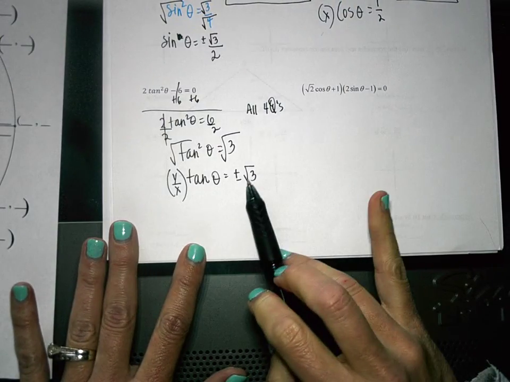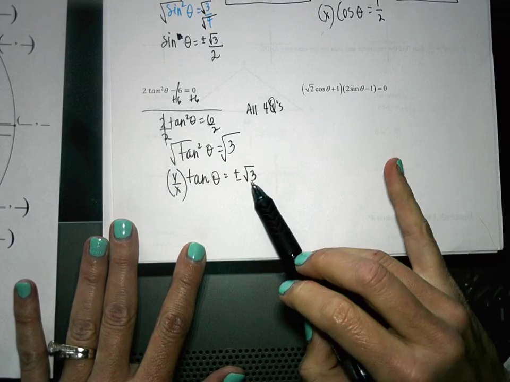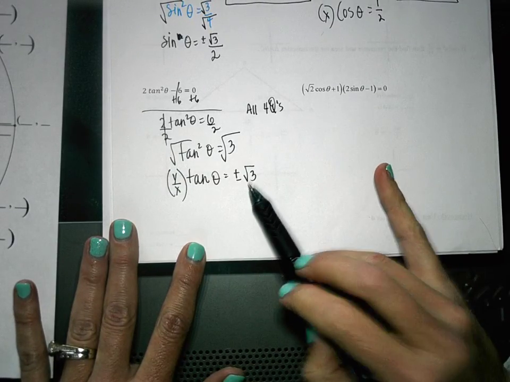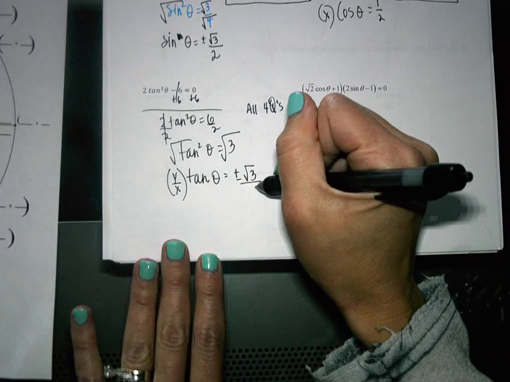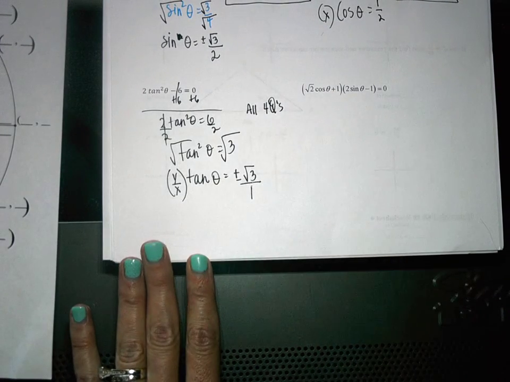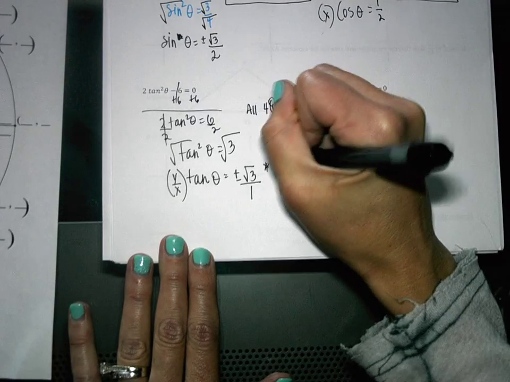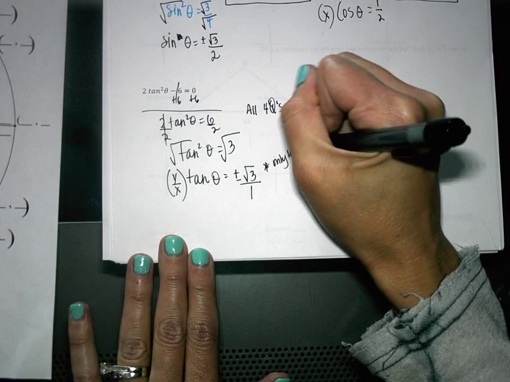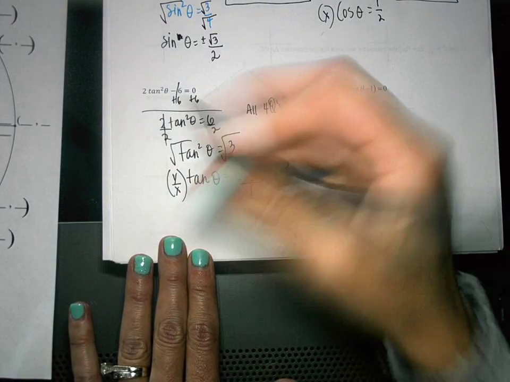Okay, so now we have to figure out when is the value of y over x going to give you root 3. You can also think of this as root 3 over 1. Also remember that you are only looking at the numerators, because everything has the same denominator and the denominators would end up canceling out.